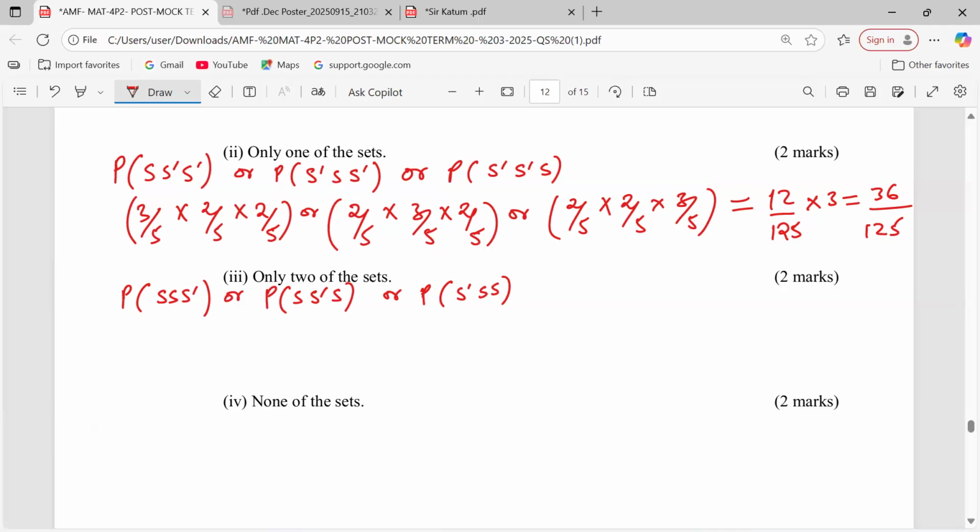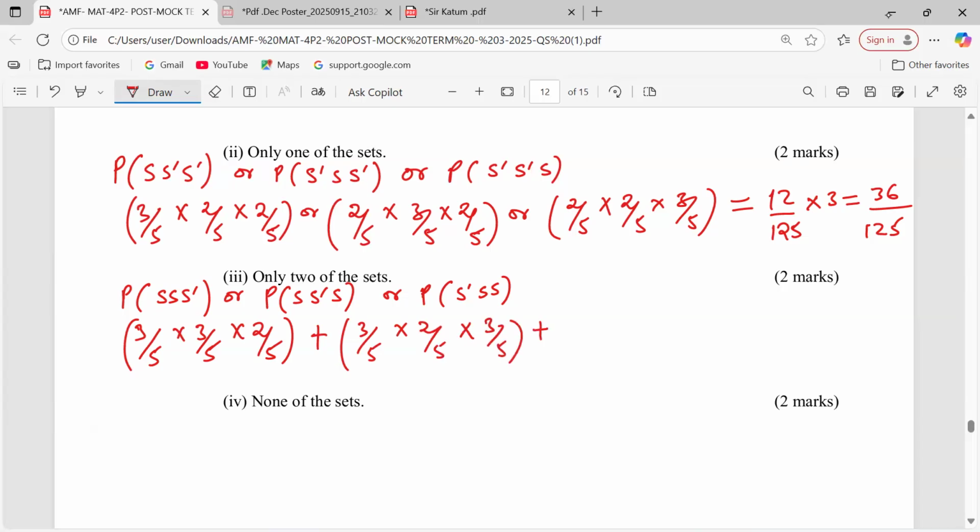So again, almost something the same. Stopping is 3/5 times 3 over 5 times 2 over 5, or, which means addition, stopping, not stopping, stopping, or not stopping, then stopping in the other two.